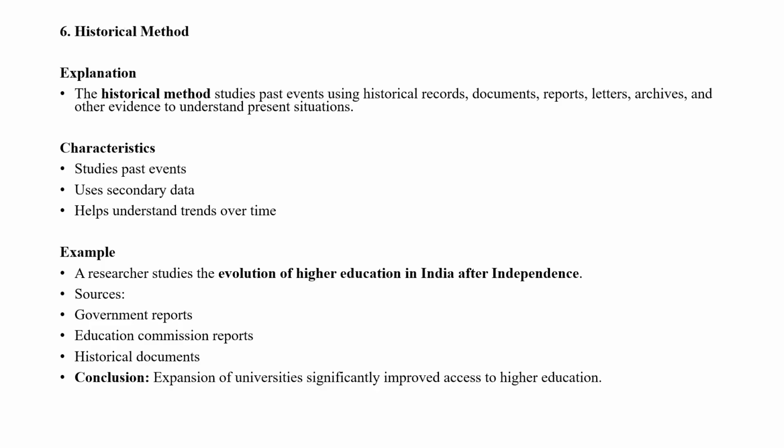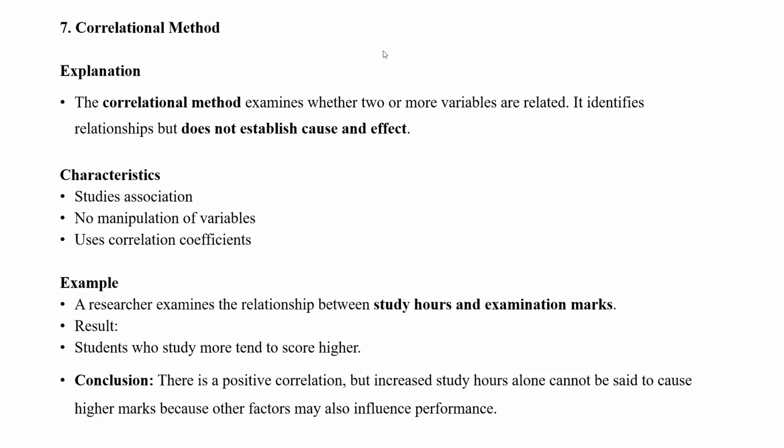It's backup data only, data that has been saved. For example, we can take the evolution of higher education in India after independence. Government reports, educational commission reports, historical documents, anything, they can collect and see the result.